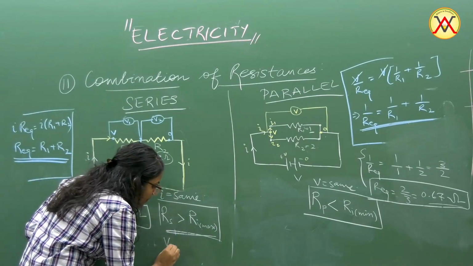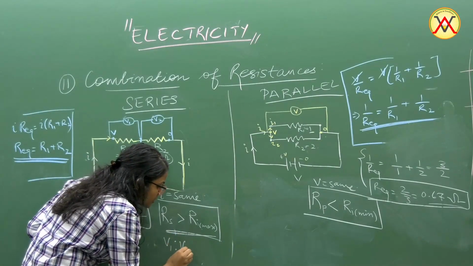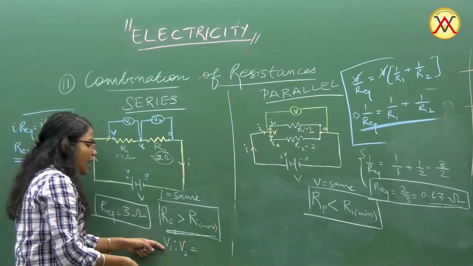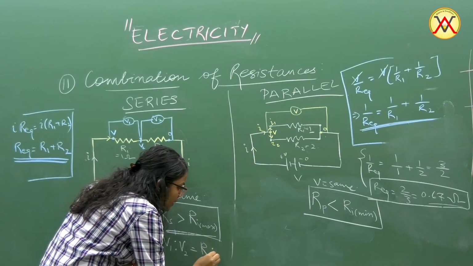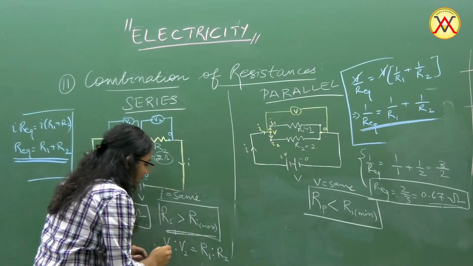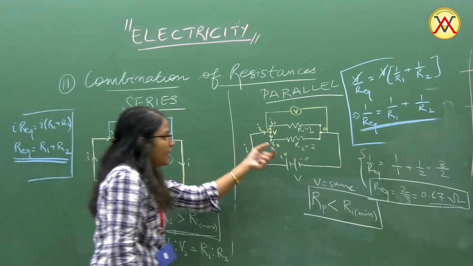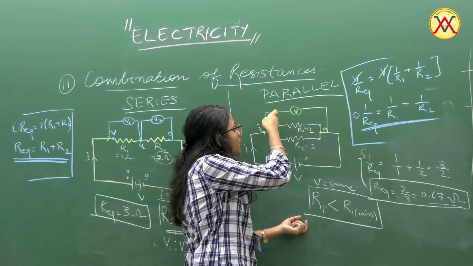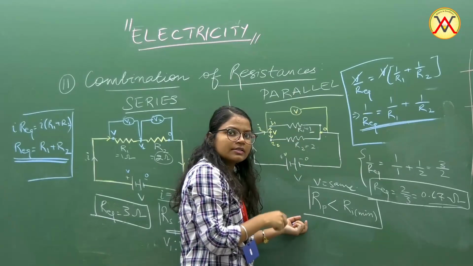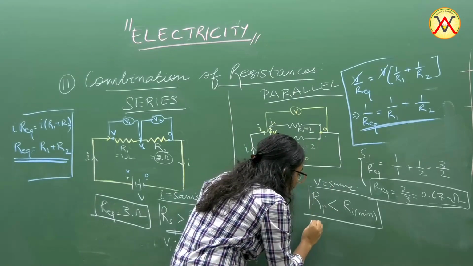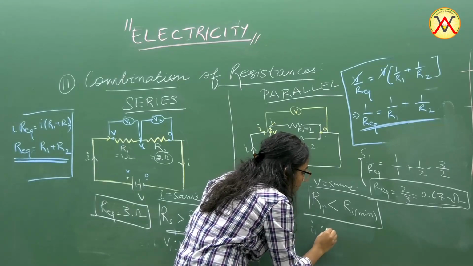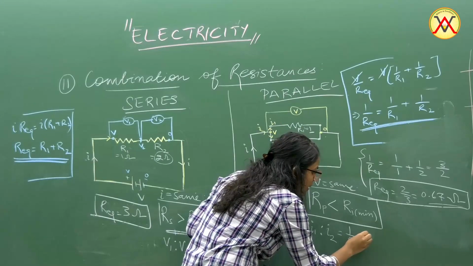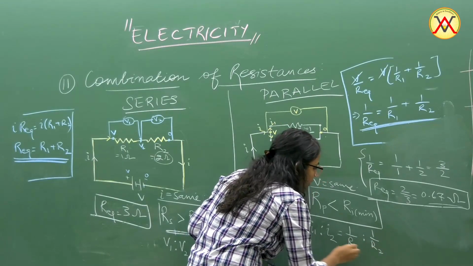So this ratio of potential difference, V1 is IR1, V2 is IR2, is equal to the direct ratio of our resistances. In our parallel combination, I1 equals V upon R1, I2 equals V upon R2. So our current I equals I1 plus I2. So these two currents get divided in the inverse ratio of our resistances.